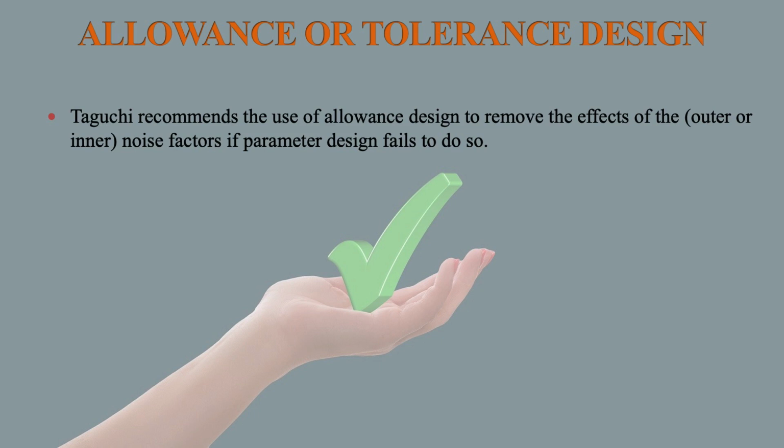Then allowance or tolerance design. Taguchi recommends the use of tolerance design to remove the effects of the outer or inner noise factors if parameter design fails to do so.